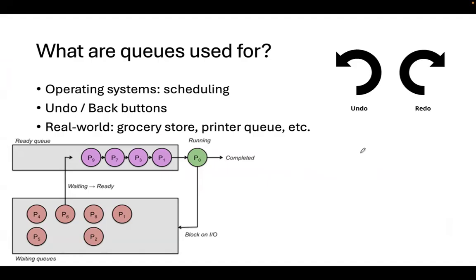Or wait, I think I made this mistake last semester. Let's just take undo. Is that a queue or a stack? So let's say I type A, B, and C, and then I want to undo.